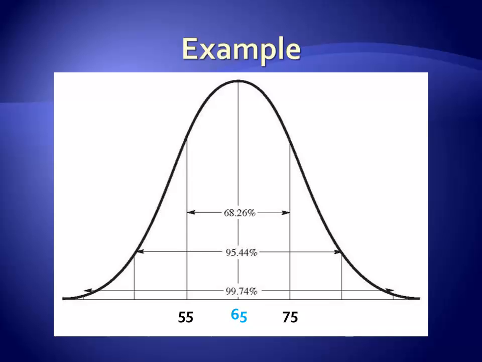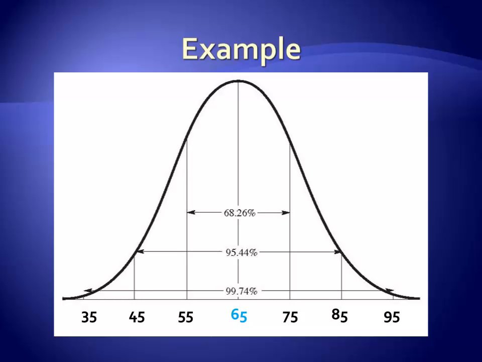This means that 68% of the scores lie between 55 to 75 points. 95% of the scores lie between 45 to 85 points. And almost all the scores lie between 35 to 95 points.